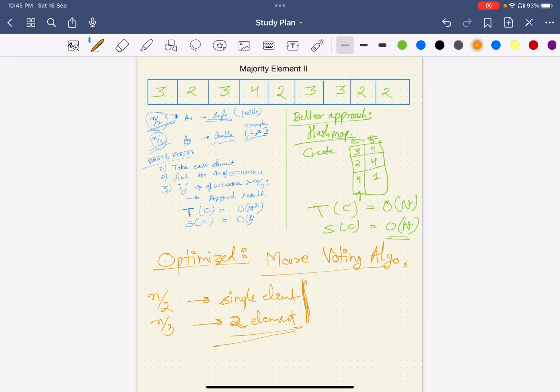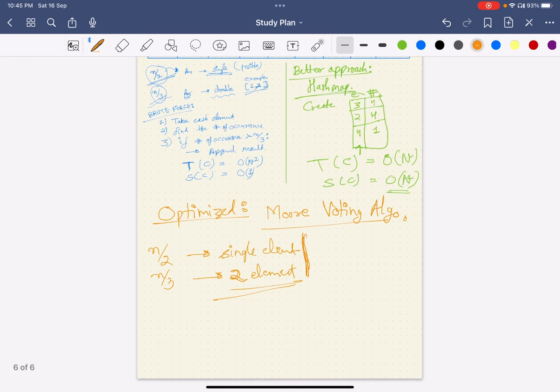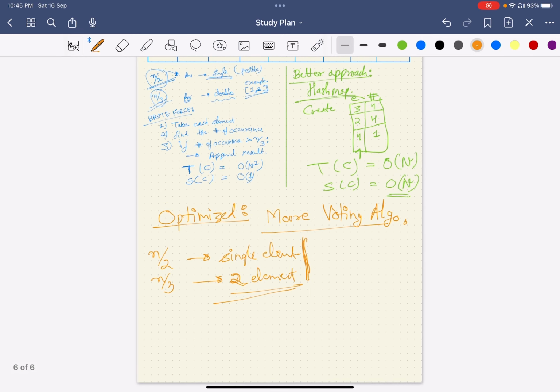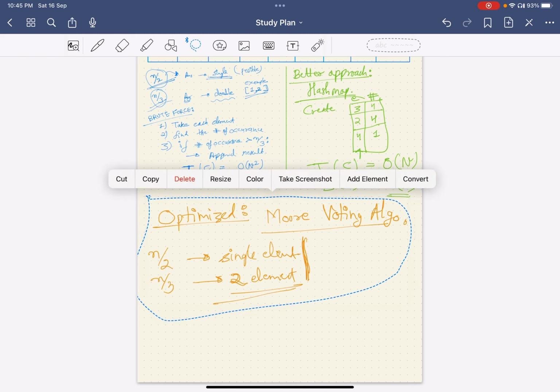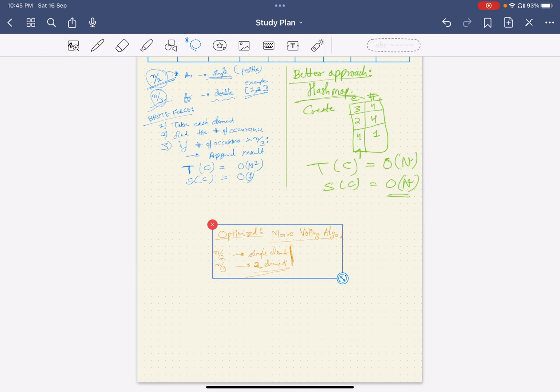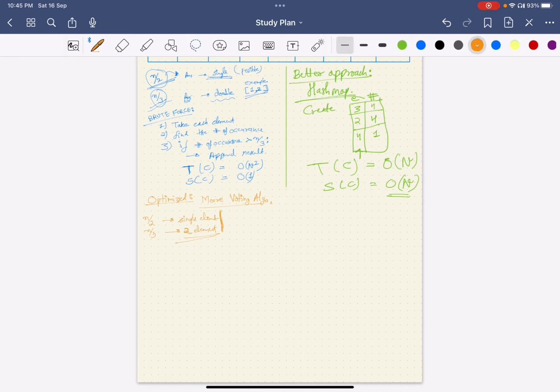So what we will do, we will create 2 variables, since the answer should have 2 elements only.